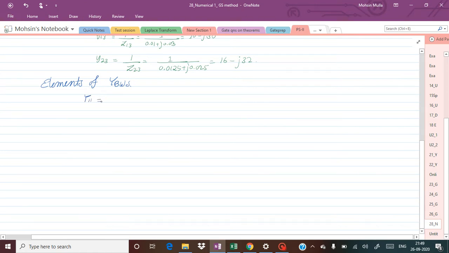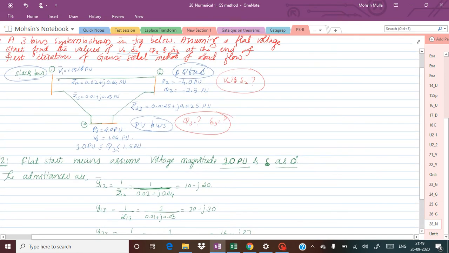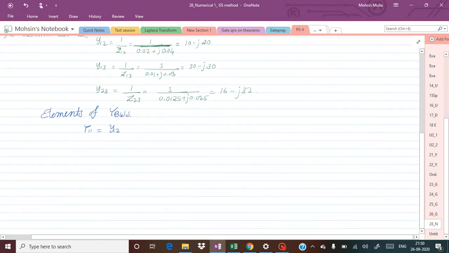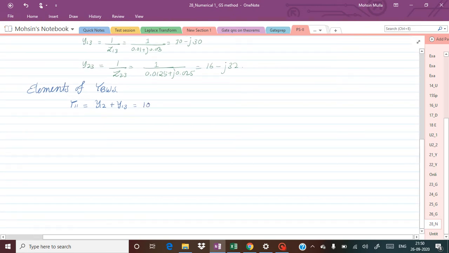For bus 1, Y11, we have to consider whatever transmission lines are connected to bus 1. One is z12, another one is z13. So automatically here it will be y12 plus y13. Substituting those values, 10 minus j20 plus 10 minus j30. Simplifying, we get 20 minus j50.